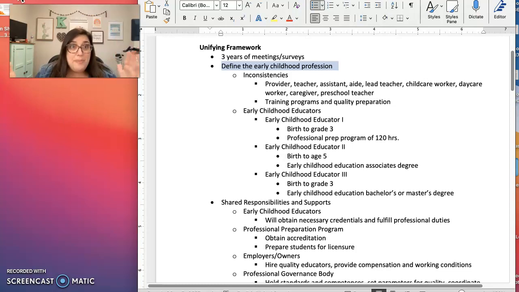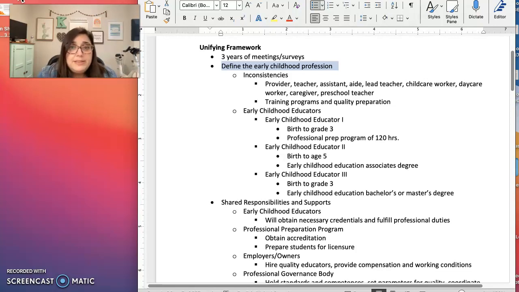There are so many titles that to correctly identify the roles and responsibilities is extremely difficult because they vary. One center, the assistant is responsible for this, and in the next center, they're responsible for this. There is no consistency across the state and across the United States.